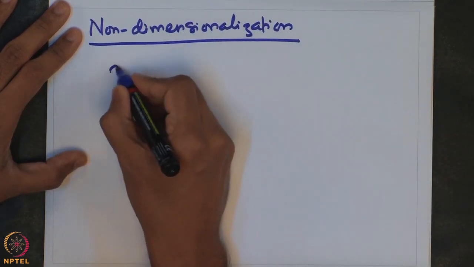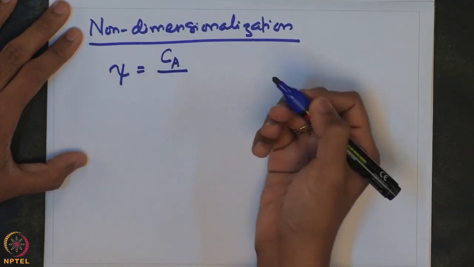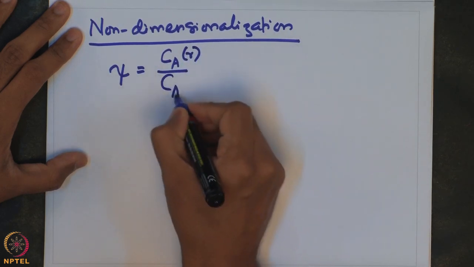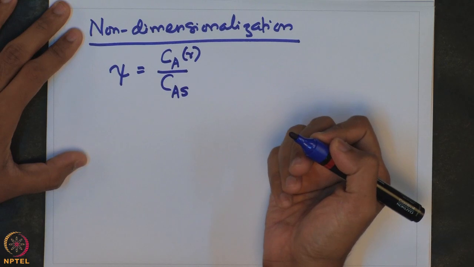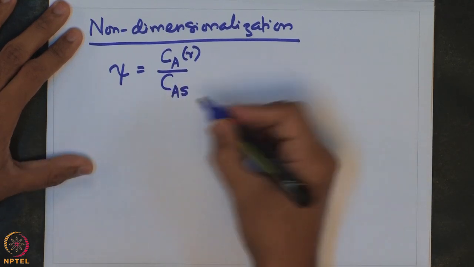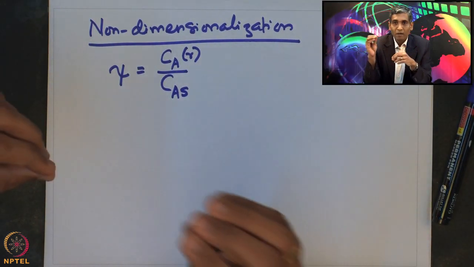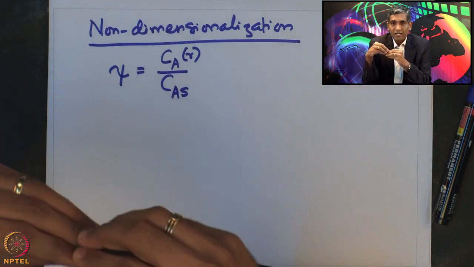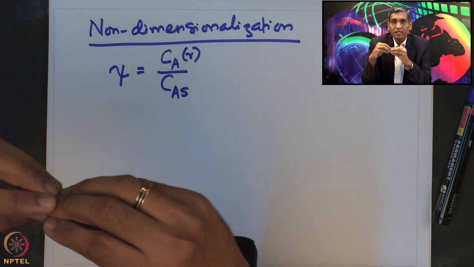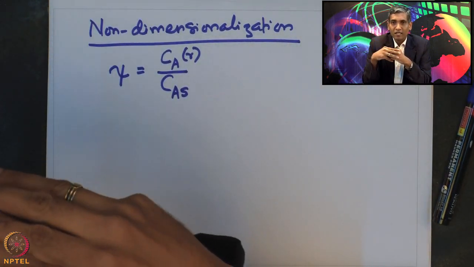Let us assume that psi is Ca, which is the local concentration at any position r, divided by the surface concentration Cas. So, what will be the range for this value psi? Because Cas is the concentration of the species that comes from the surface into the catalyst pellet, the maximum possible concentration anywhere inside the pellet can at best be the surface concentration itself.